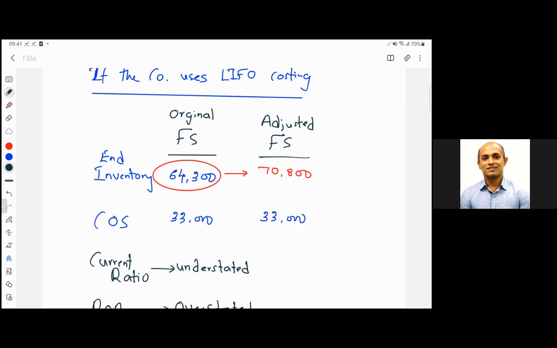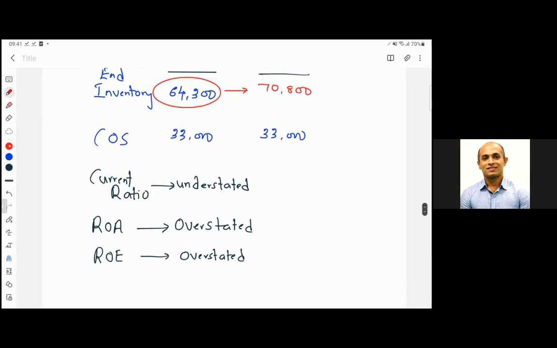Now you know when inventory value is understated, certain ratios are understated and overstated. These are some examples. Your current ratio is understated. Return on asset, return on equity ratios overstated.